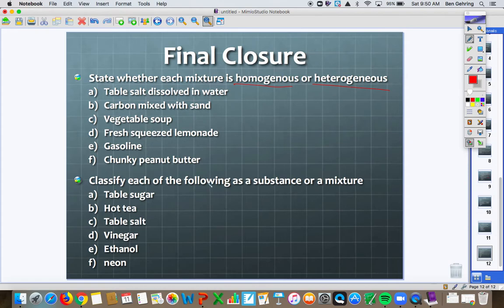And then I want to know whether these items are pure substances or mixtures. Are they the same, fixed in composition, or do they change? Answer those as well. Make sure you can do this, and then I will discuss things with you more next time you're in class.